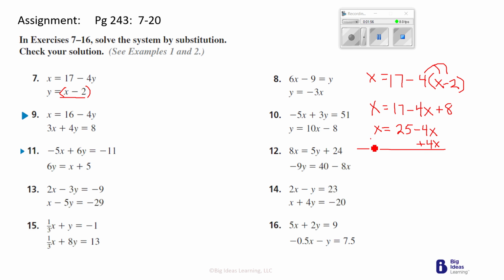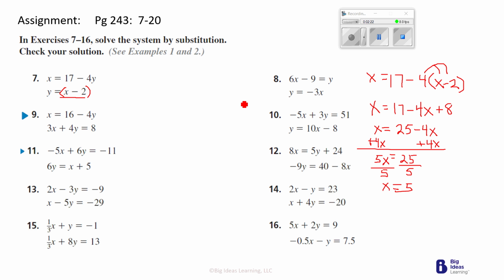Whatever I add to one side, I add to the other. And x plus 4x makes 5x. It says 5x is going to equal 25. And so the last thing to do is divide 5 away from x. 25 divided by 5 is 5. So x is 5.